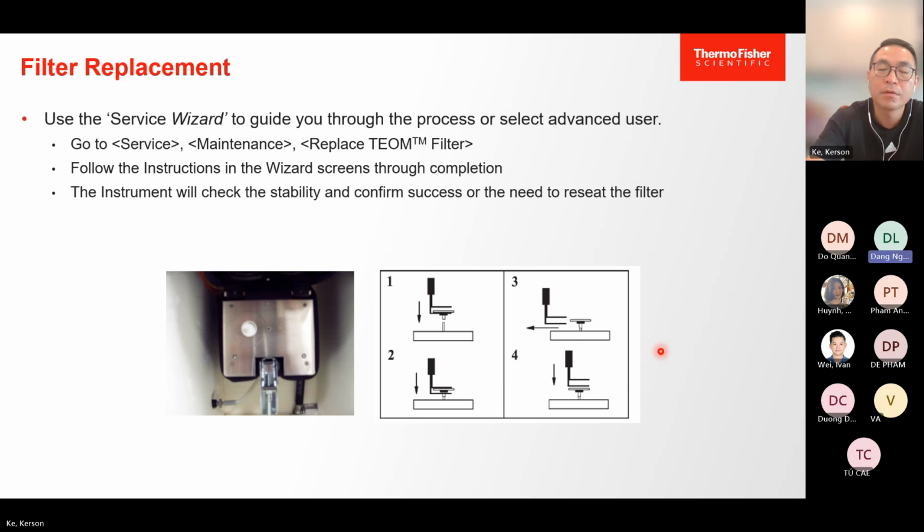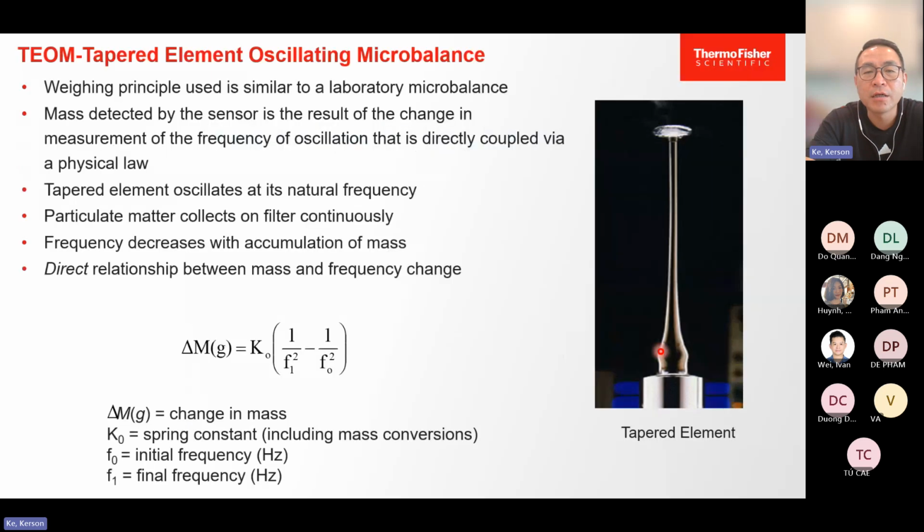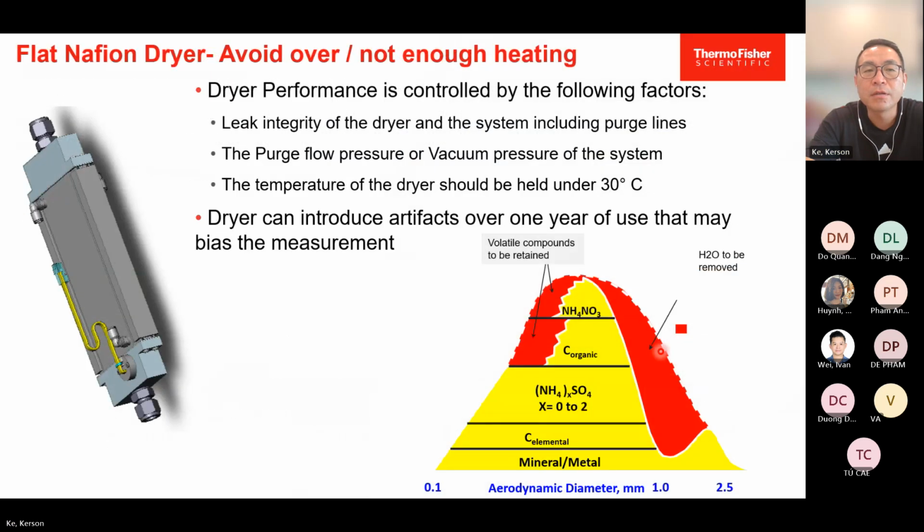Humidity, right. For the humidity, for this dryer, we also have an indicator. Let's say if the dew point is higher than 4 degrees Celsius, then we need to replace this dryer. Normally, every 1 or 2 years we will replace this dryer.